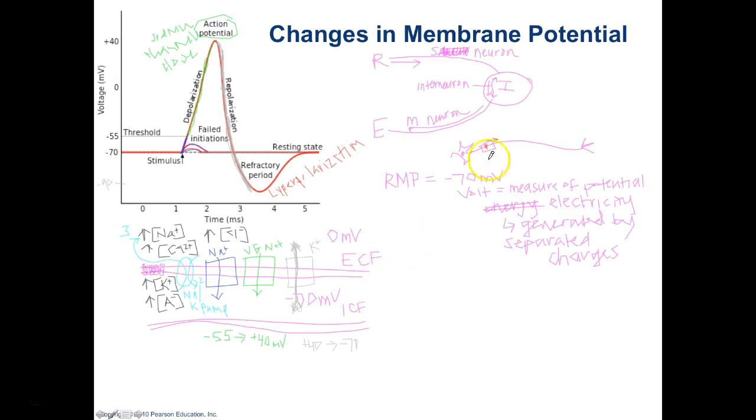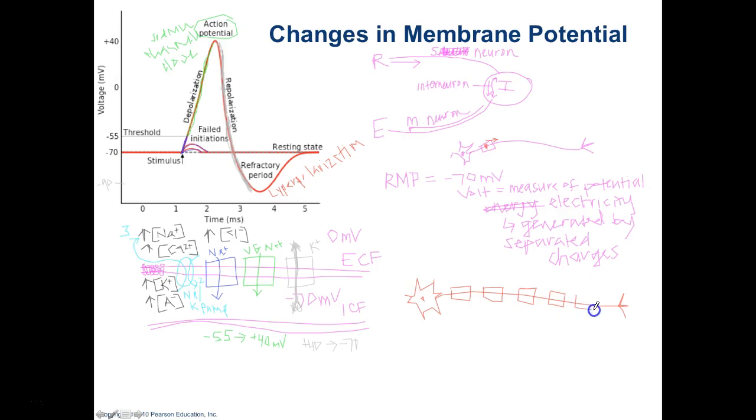Let's quickly talk about the myelination of our nerve cell. So if you remember that myelin sheath, we had myelin sheaths surrounding some of our nerves, the axon on the nerve, within both our central nervous system and peripheral nervous system.